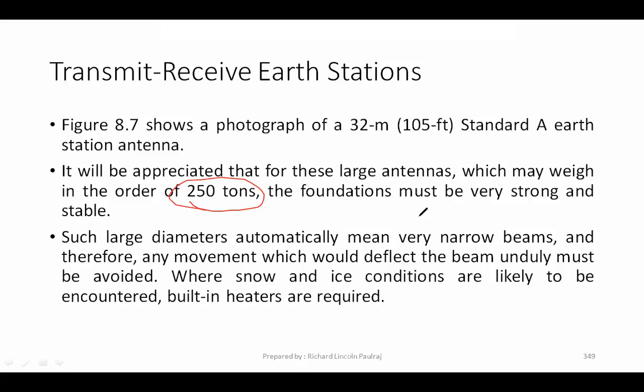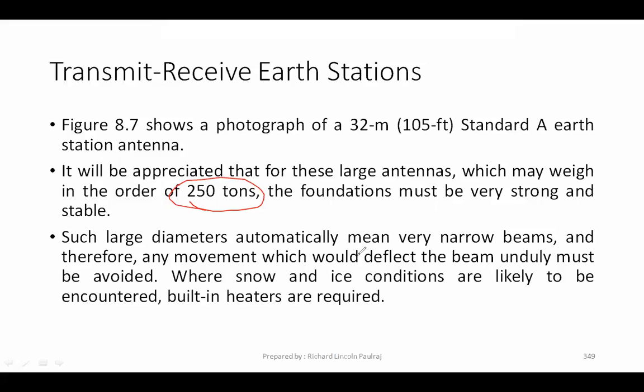So we should make sure that the foundations are very deep and very strong, so that they can sustain any kind of harsh environment, any kind of rainfall or storm or wind. So it should be made sure that it is very strong and stable.